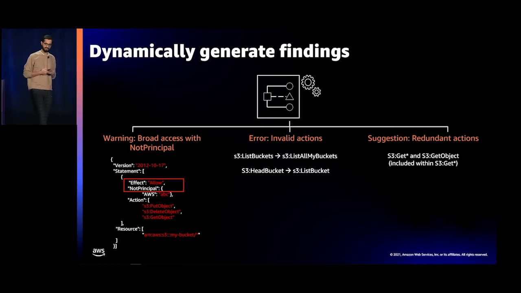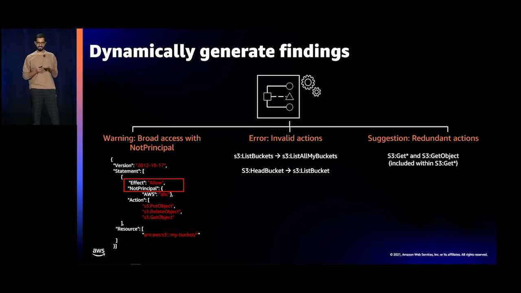Error findings are generated when a policy statement is non-functional. For example, the policy validation generates an error when developers wrongly specify use list buckets instead of list all my buckets.